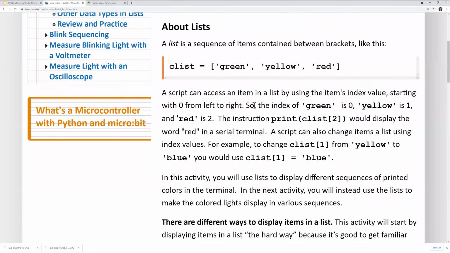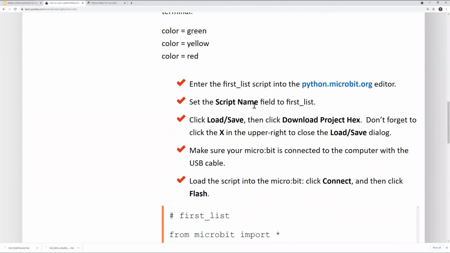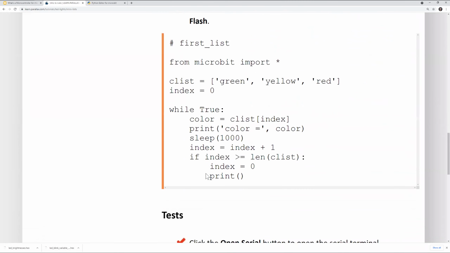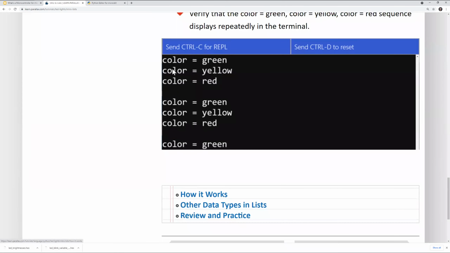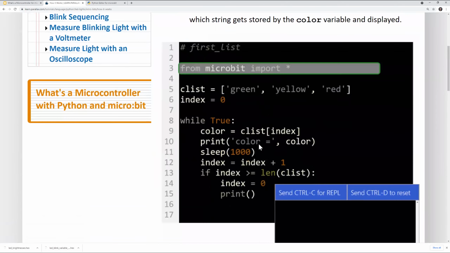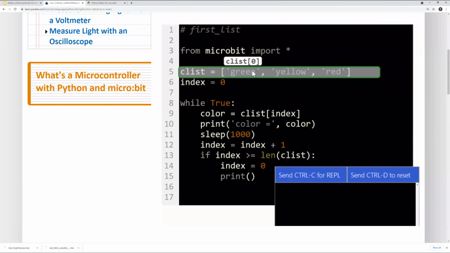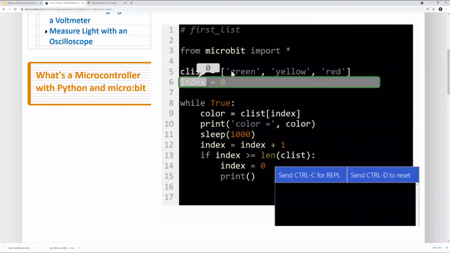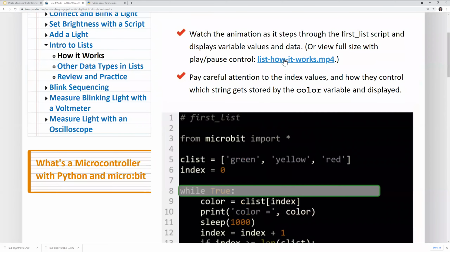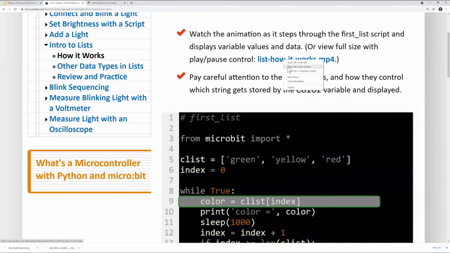So lists get introduced, and then there's a program that does lists, and it runs you through the different entries of the list. What I want to draw your attention to is that this animation shows we created a list named CList.